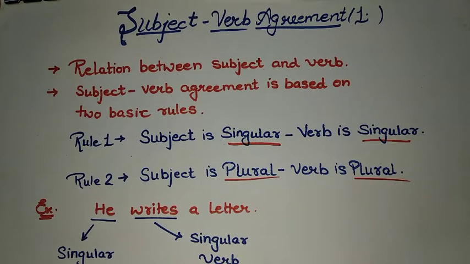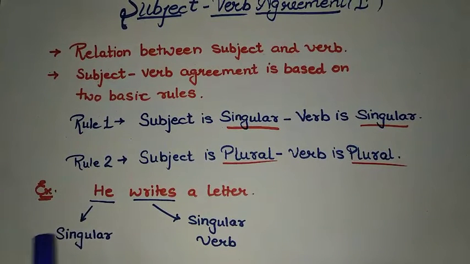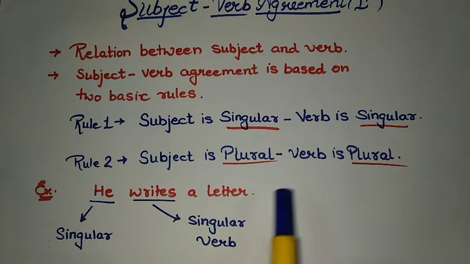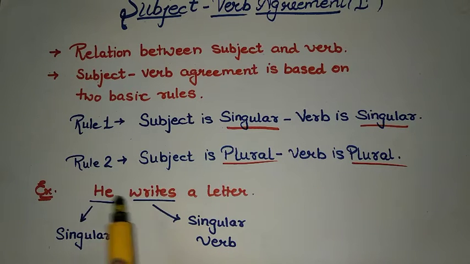See, if I write that he writes a letter, here he is a singular noun, meaning I'm using he for a single boy. So the verb should be singular, and writes is a singular verb. Okay, so he writes a letter. In this, the agreement between subject and verb is that if our subject is singular, our verb should be singular.